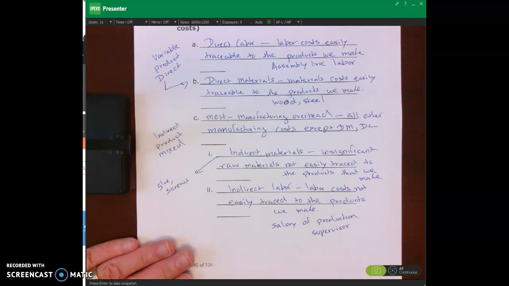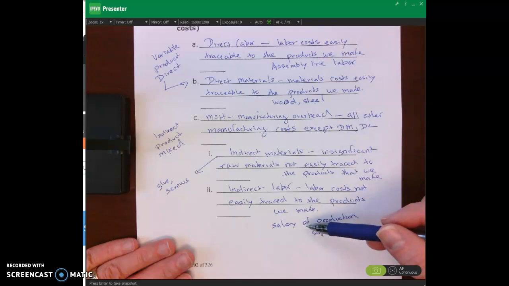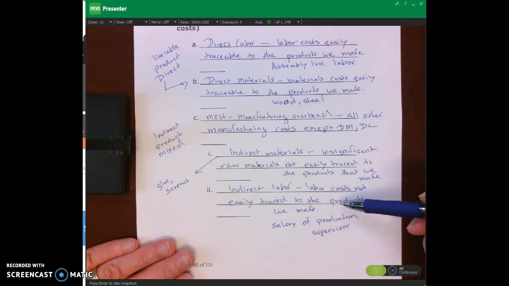That production supervisor could be overseeing a lot of assembly line workers, and those assembly line workers could be working on a whole lot of different products. So it'd be very difficult to trace the salary of the production line supervisor to the products that we make. That's why it would be considered indirect labor.